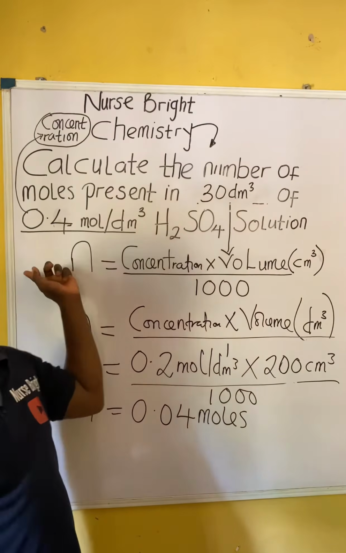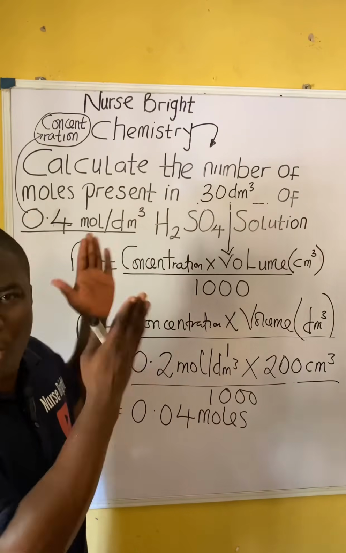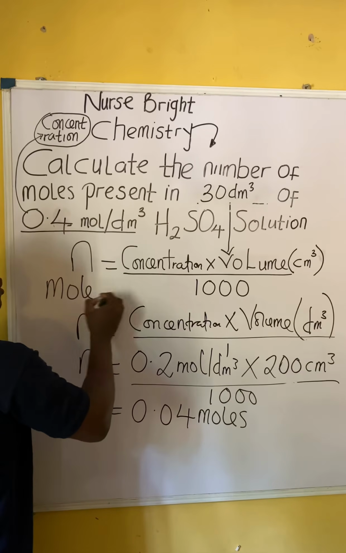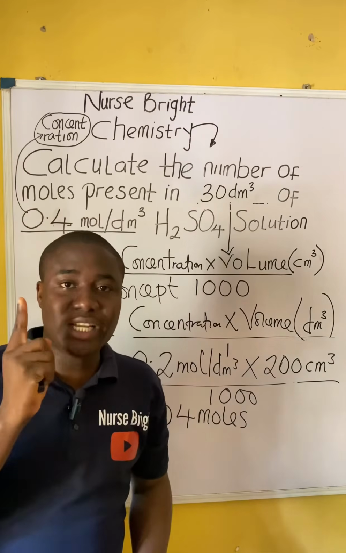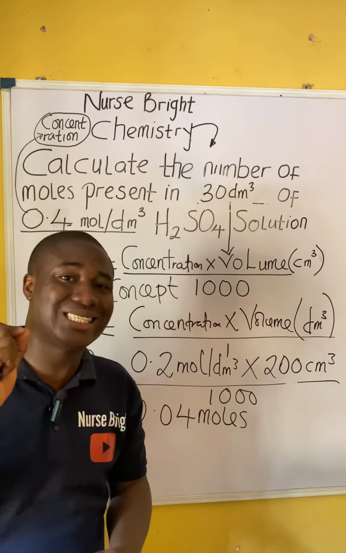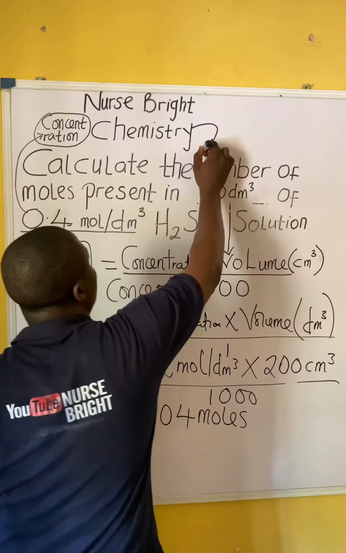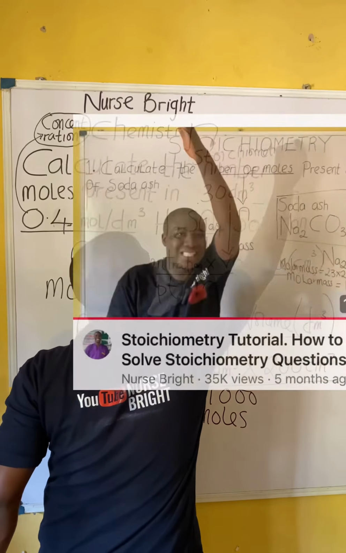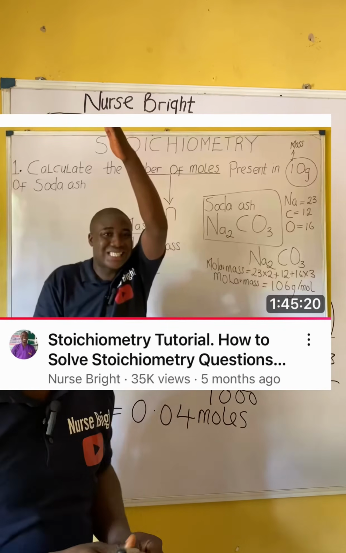You can see I did not use the compound at all, because the parameters we are relating are simply volume and concentration. But in more practice questions under this aspect, because this topic is on a very vital aspect in chemistry called mole concept, which is the preliminary to understanding stoichiometry properly, I already have a full video lesson that explains stoichiometry from scratch.